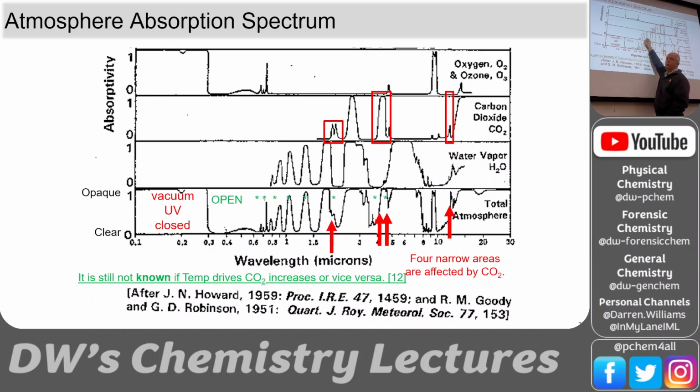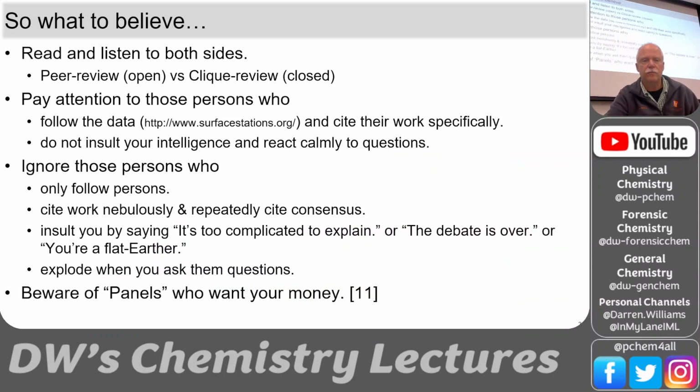Water is our most valuable greenhouse gas. CO2 has a few spots where it affects. And it's already saturated in 2 of those peaks. It's not saturated here, it's not saturated there. So adding a little bit of CO2 is going to affect these 4 windows. But you see that water is the main component of our greenhouse gas.